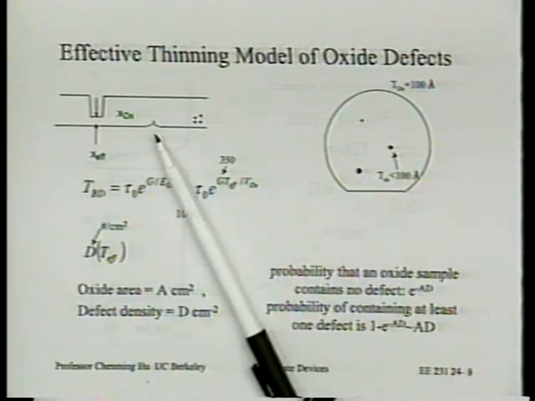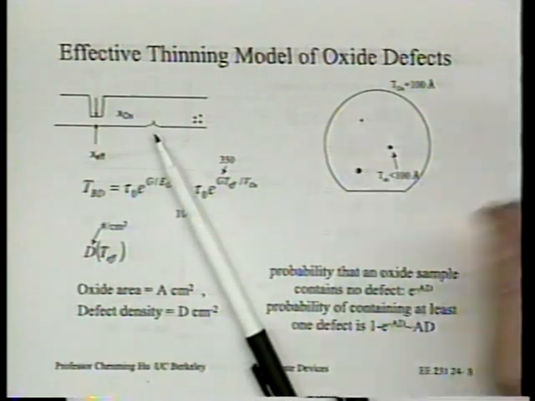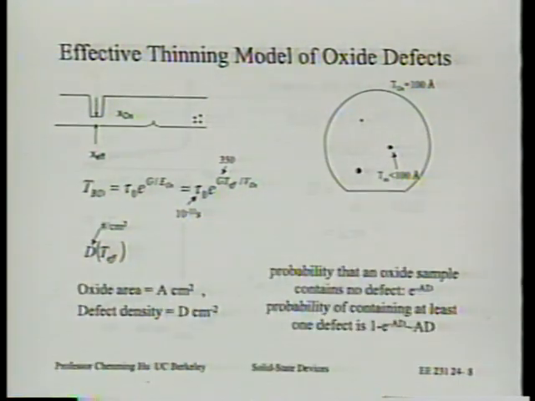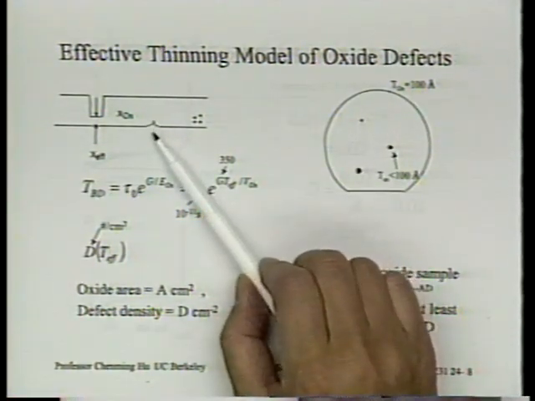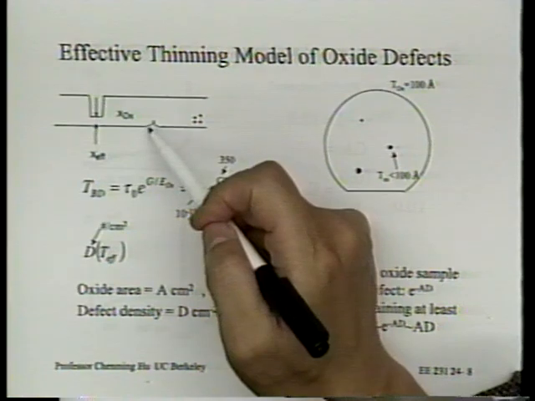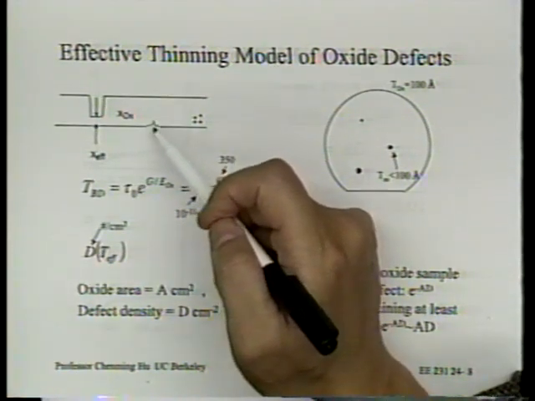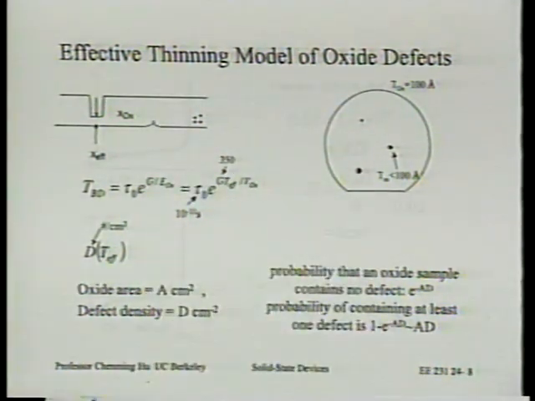What they do is they will deliberately introduce some metal contaminants into the sample, all right? And then they grow the oxide, or they can even introduce metal contaminant after oxide is grown. And then they do the annealing, and afterwards, if they do the cross-section of oxide, and they do enough cross-sections, they will catch spots like that. What it is is precipitates of metal. Precipitates of metal in the oxide always give you sharp points.